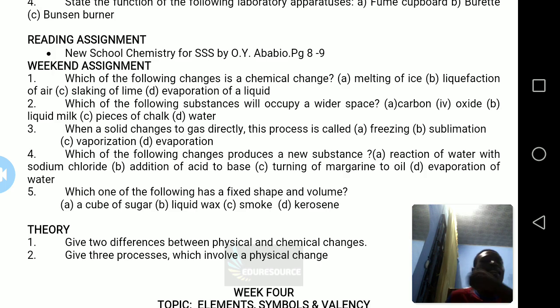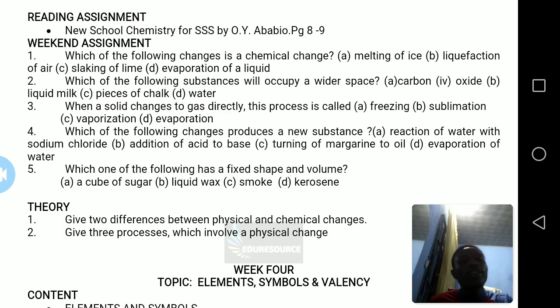Number 1. Which of the following changes is a chemical change? A. Melting of ice. B. Liquefaction of air.